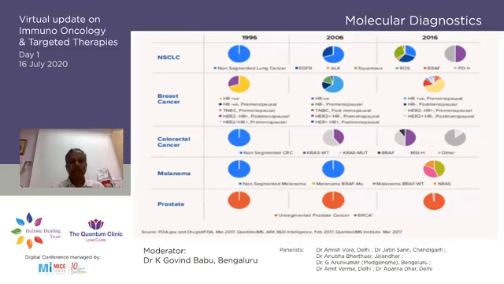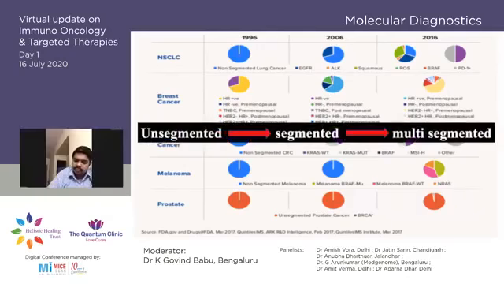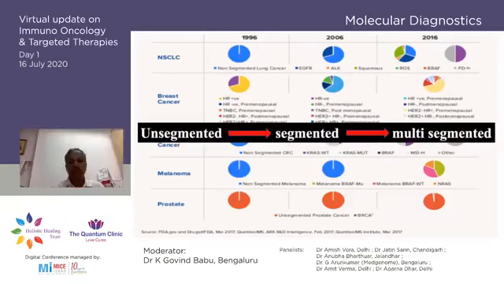For example, non-small cell lung cancer, there's a nice terminology I found. It was a non-segmented lung cancer. But today, in 2016, we have so many segments. So I would just like to say that from unsegmented tumors, we've gone to segmented, and today we are talking of multi-segmented tumors. So I think that is what the molecular markers have been doing for our tumors and ultimately helping patient care.